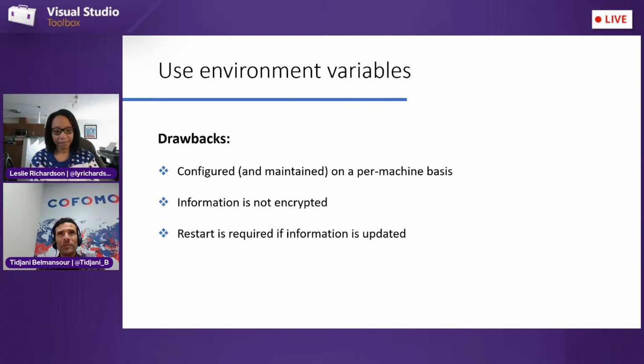Why I like environment variables so much is that it's a common or unified way to define a configuration parameter, a configuration variable, independent of the kind of application you are running.